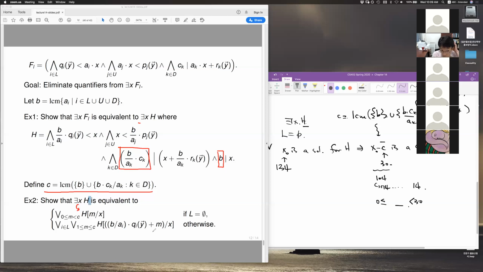Now the one below is about the lower bound, where we should consider the lower bound.